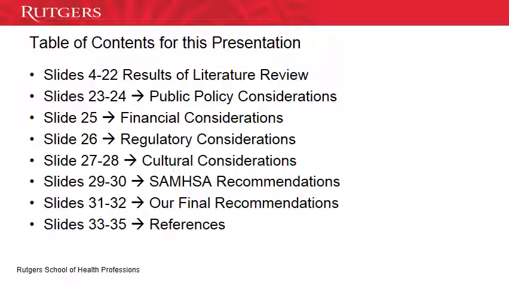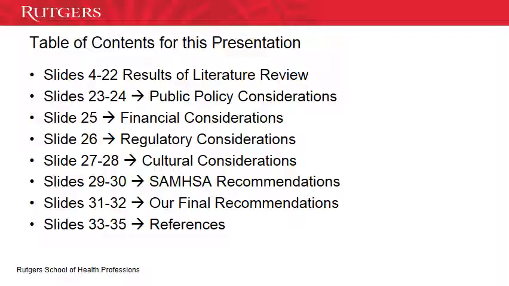We've outlined the table of contents for you for this presentation. So the way that we've decided to go about it is we're going to spend about the first half of our presentation discussing results from the literature review in a lot greater detail.